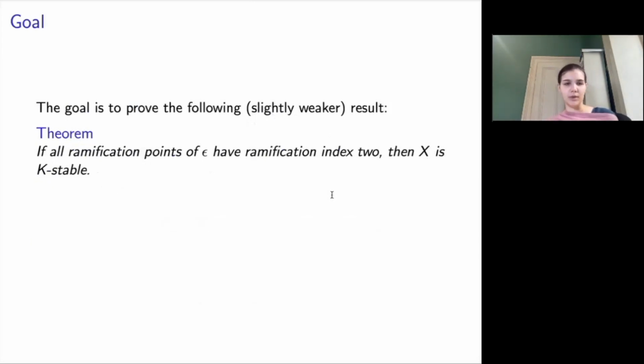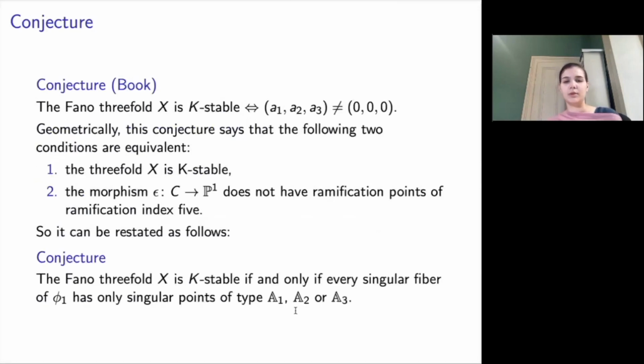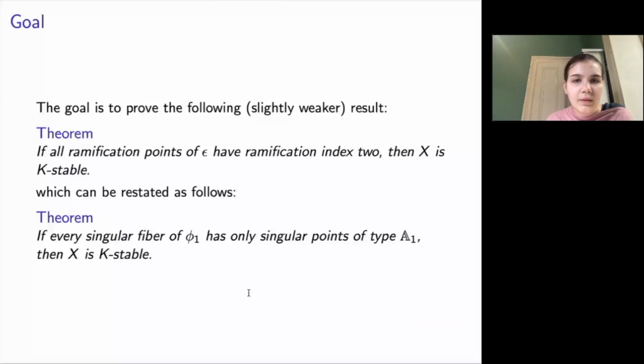So remember, the conjecture in the book said that no matter which kind of singularity we have, A1, A2, or A3, X is K-stable, and I only proved it for A1. But the proof is very clear. Okay, I hope.